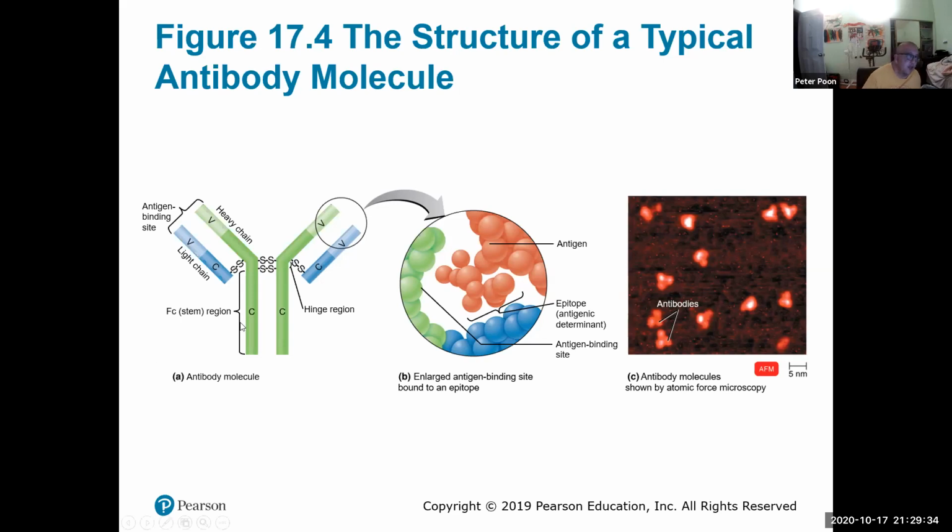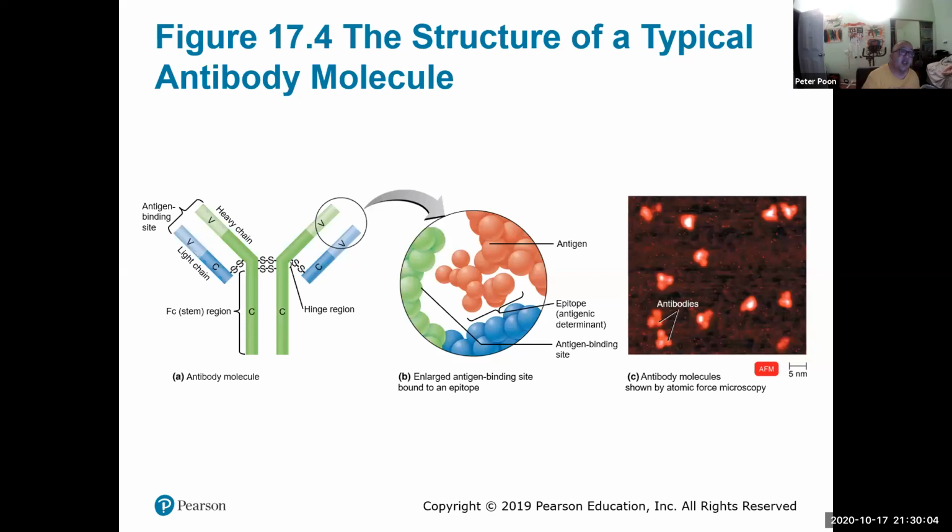This constant region will respond to macrophages. It will respond to the membrane attack complex, so complement. It will attract neutrophils because it's all the same. So macrophages and neutrophils are trained to recognize the constant region of the antibody.